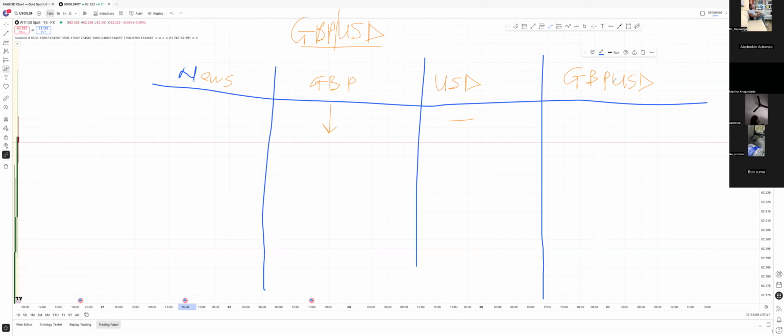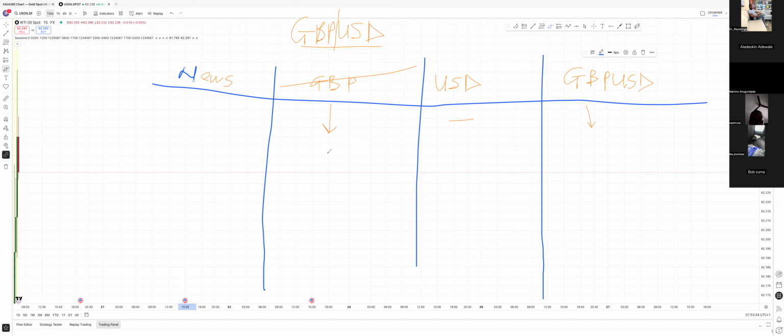Automatically, GBP USD, will it buy or sell? Let me see how many people will get this. I'm seeing sell. Correct. GBP USD will sell.